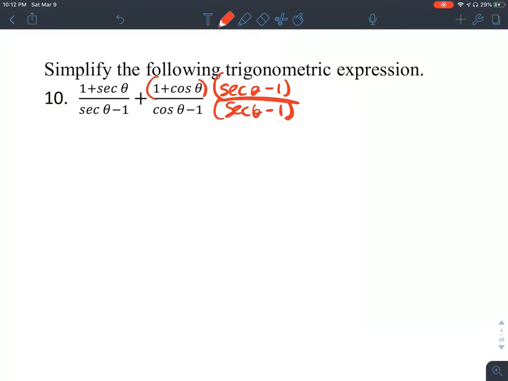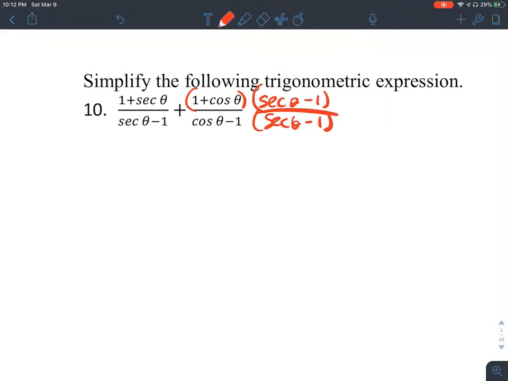Multiplying it by the top and the bottom, same as multiplying by 1. We need a cosine of theta minus 1 over here, the top and the bottom. So what's that going to give us?